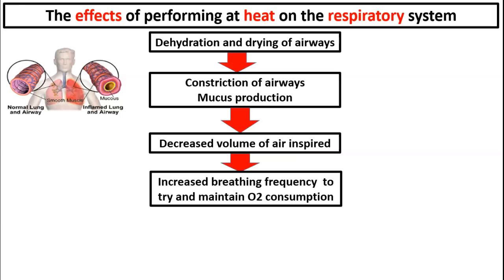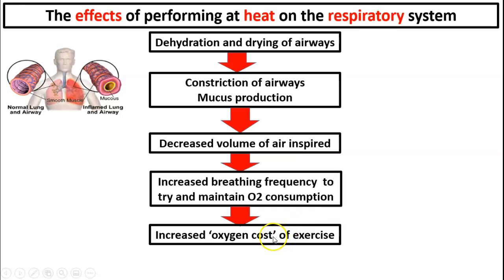So if you consider that now, we're getting less volume of air in, so suddenly we have to try and increase the number of times we breathe to try and maintain that oxygen consumption. Now, this links to another effect: it leads to an increased oxygen cost of exercise.